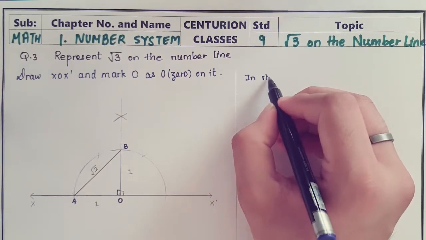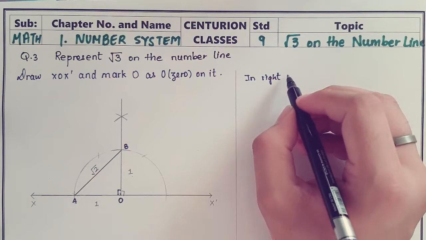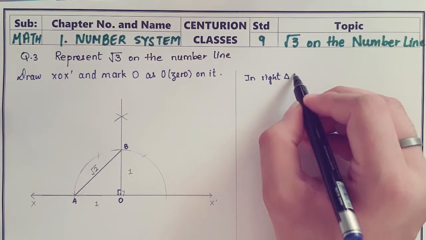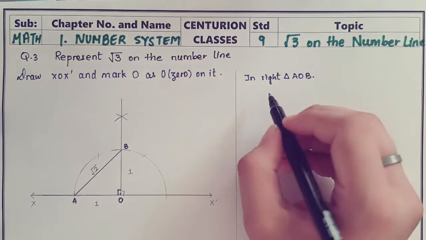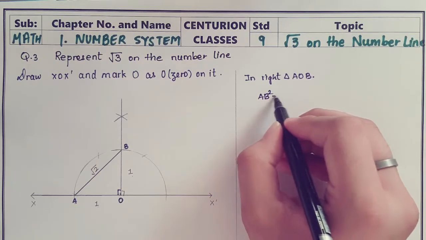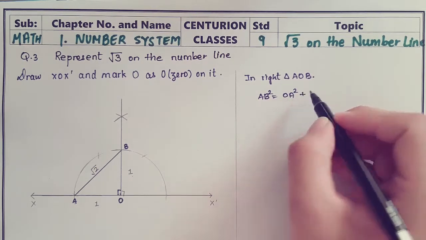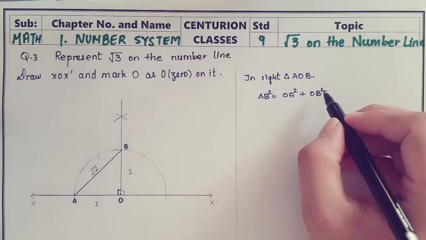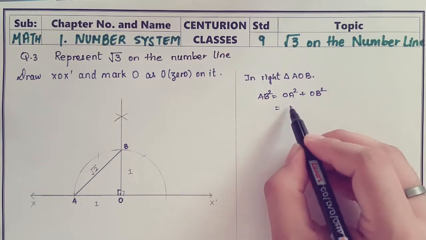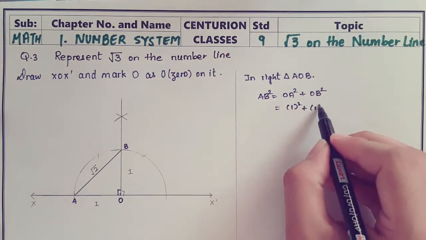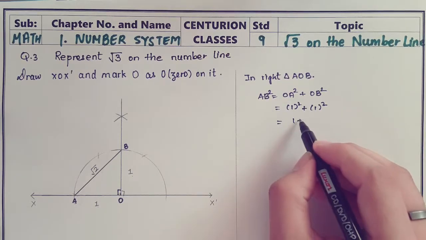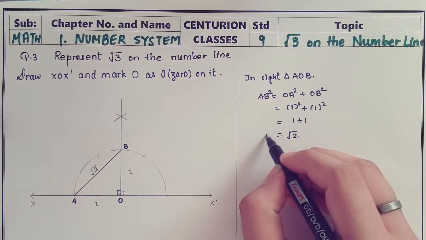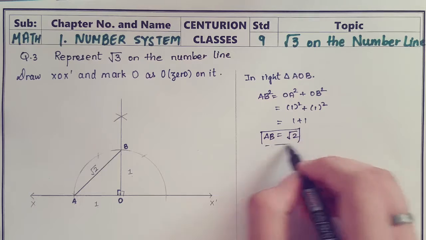In right triangle AOB, AB square will be OA square plus OB square. So this will be 1 square plus 1 square, so this is 1 plus 1 and this is root 2. I hope you have understood till here.